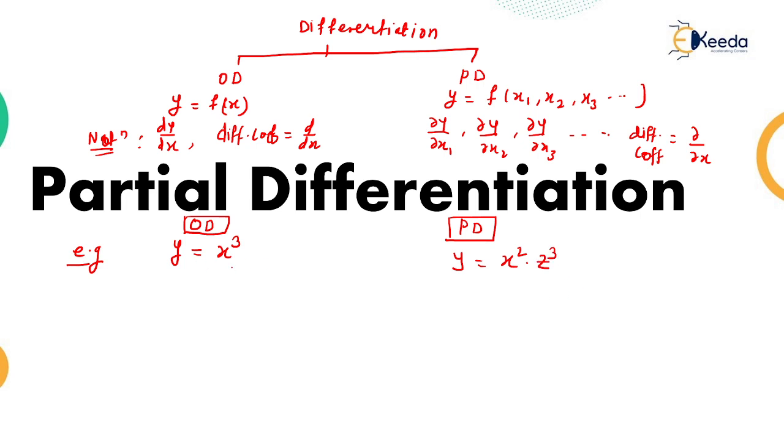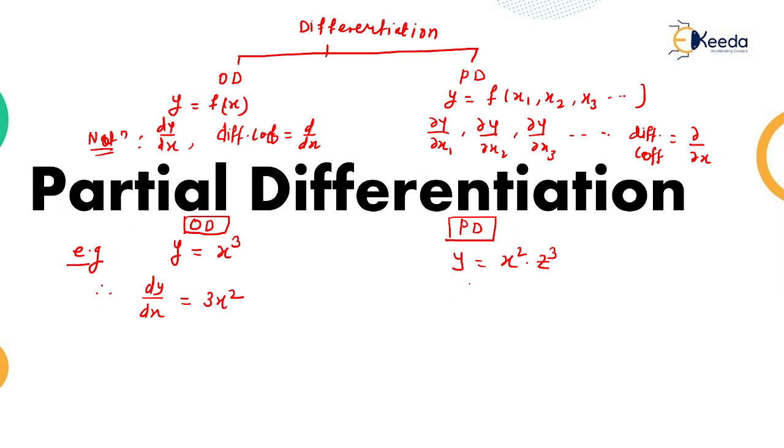Observe which differentiation you have to use in these two equations. In the first equation y is a function of only one variable, and in the second equation y is a function of two or more variables. Therefore for the first we take ordinary differentiation, dy divided by dx, and the differentiation of x cube is 3x square.